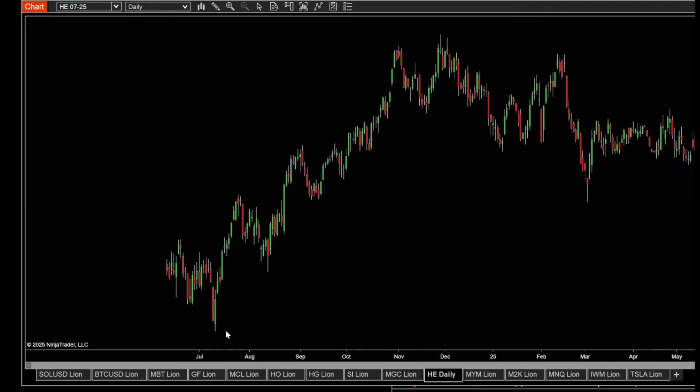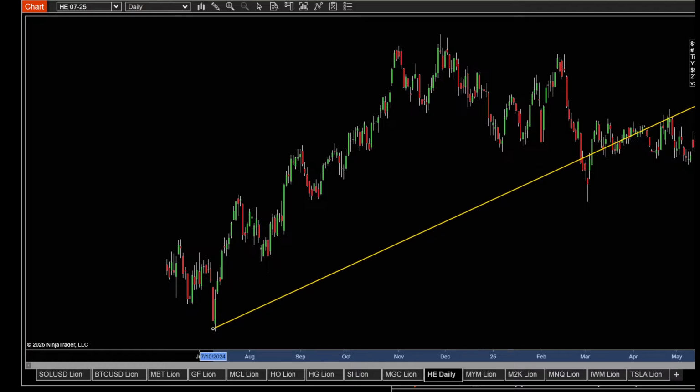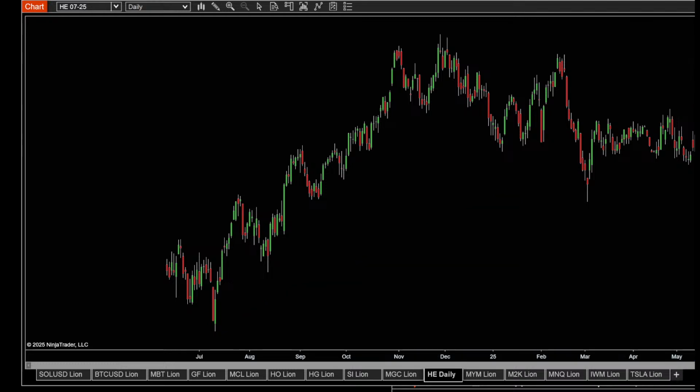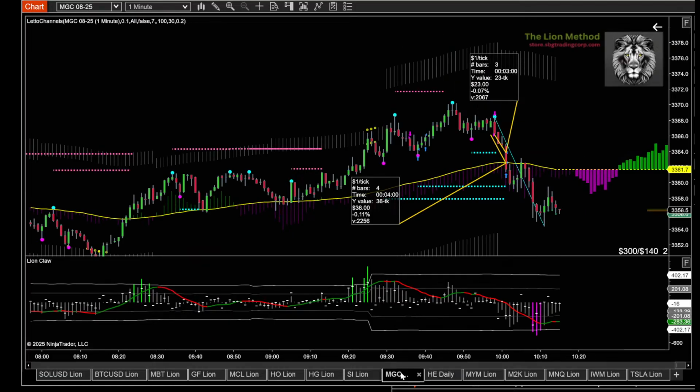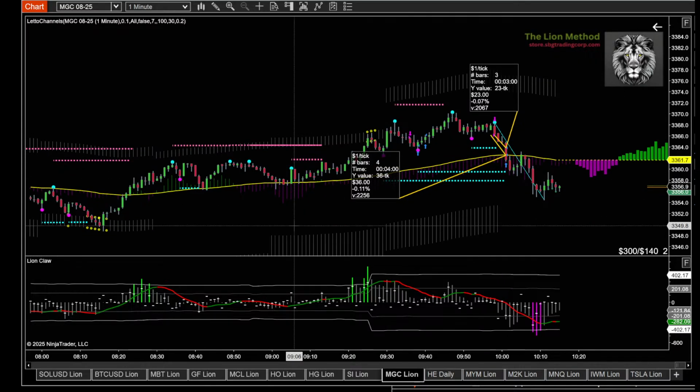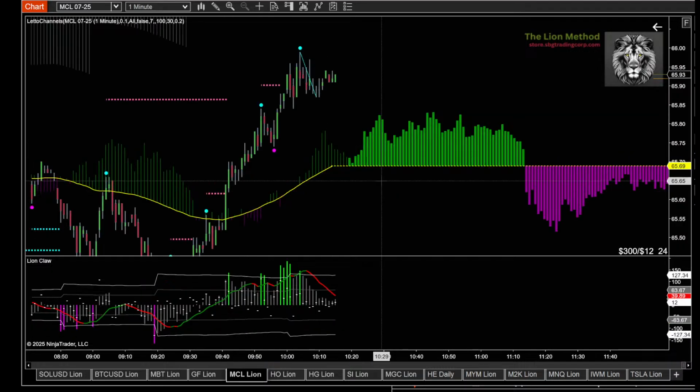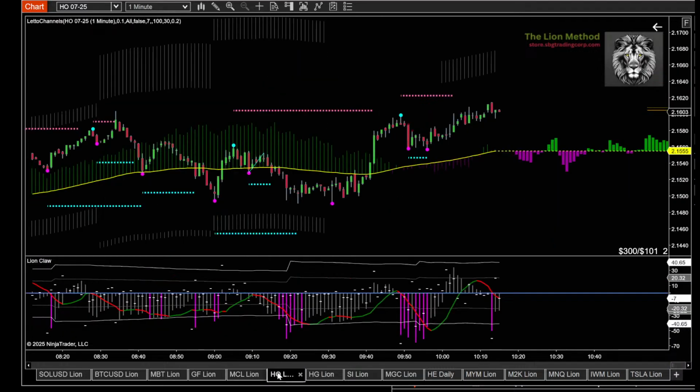I mean, it was down to... We've seen a 27% increase in lean hogs. Yeah, guys, gold did go down to these targets. Hey, we got our money. We got our win.